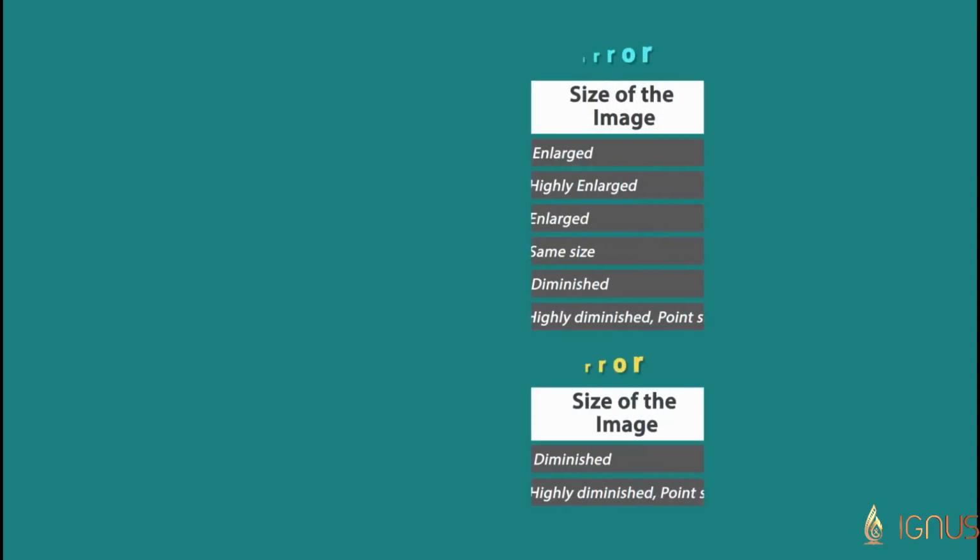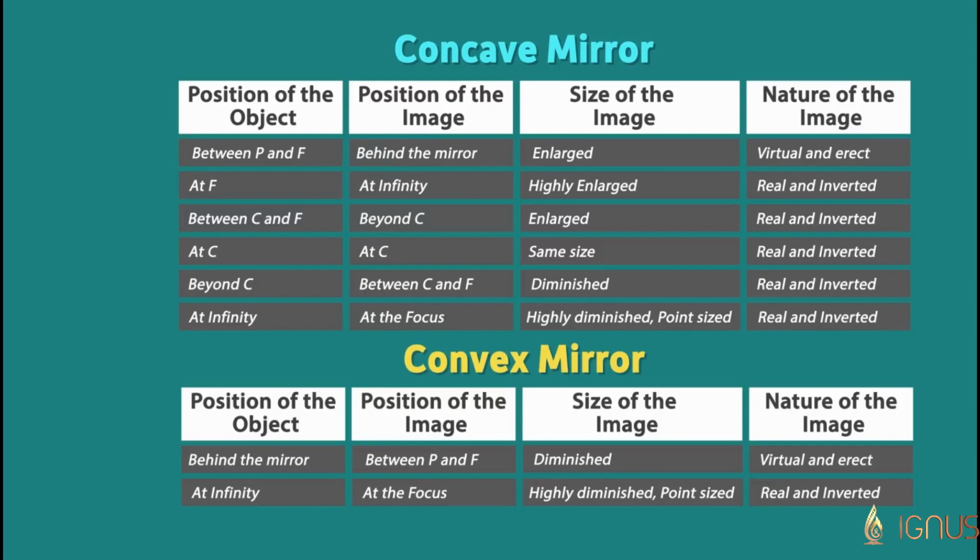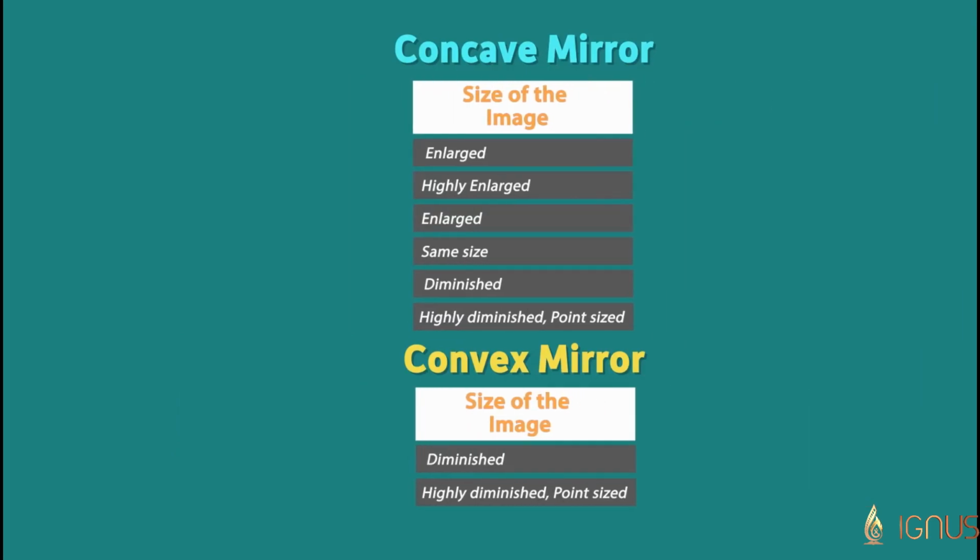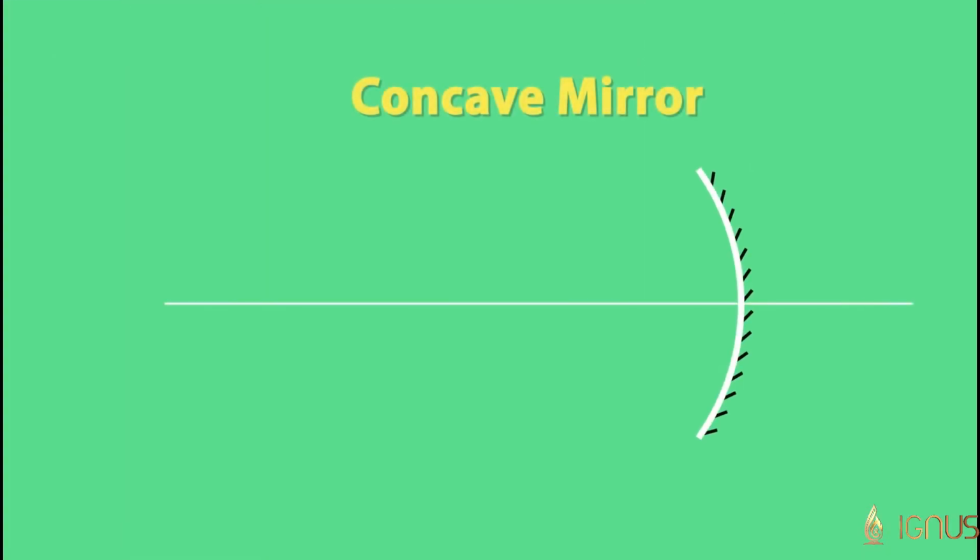There are various properties of the image formed by spherical mirrors: the position, the size, and the nature of the image. These properties vary as the object's distance from the mirror varies. The property that we are going to discuss in this video is the size of the image. For a concave mirror, there are three possibilities for the size of the image relative to the object.